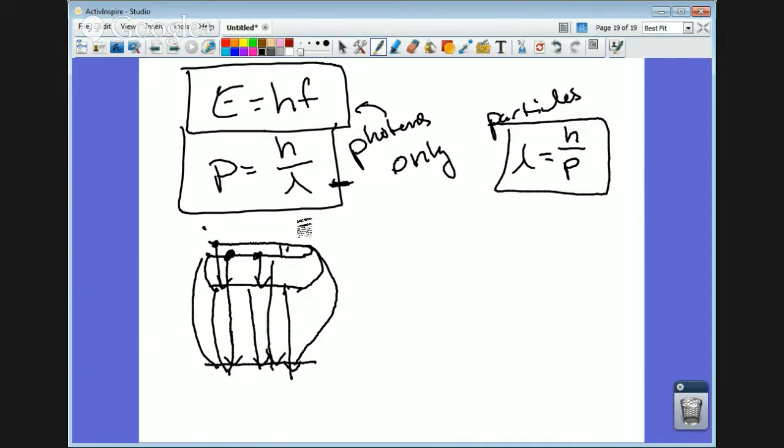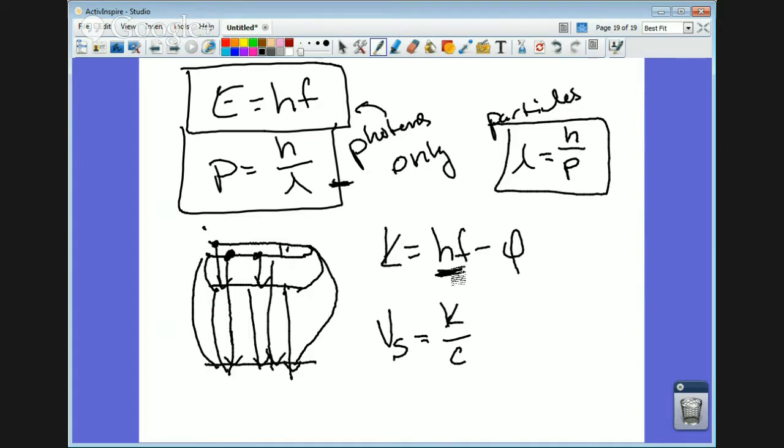The photoelectric effect, we had that on our final. Remember, to find the cutoff frequency, you make the K max equal to 0 because that's when you're just barely freeing an electron. The slope of the graph of K versus f is h. The slope of the graph of Vs, which is K divided by the charge of an electron, is h over the charge of an electron.